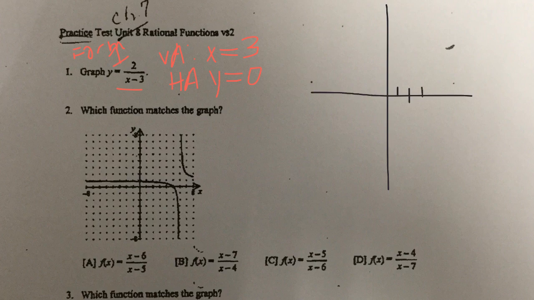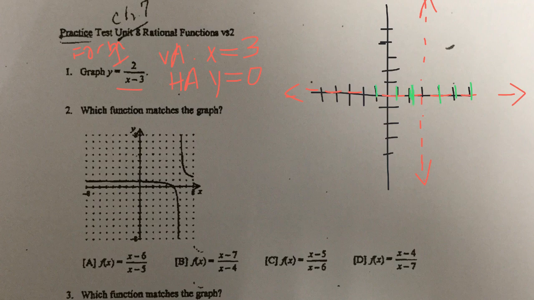And then we'll draw a coordinate plane here. So we have a vertical asymptote at x equals 3, and our y equals 0 is our x-axis. That's our horizontal asymptote. And then remember, we picked 3 numbers on each side of the vertical asymptote.